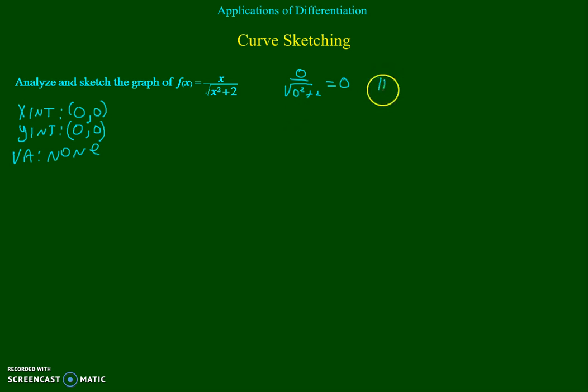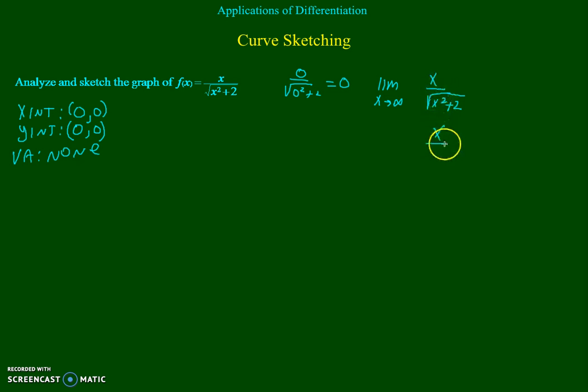So the limit as x approaches infinity of x over square root of x squared plus 2. In order to get this one isolated so that we don't have this conflict with the indeterminate form, we're going to divide both the numerator and denominator by x.